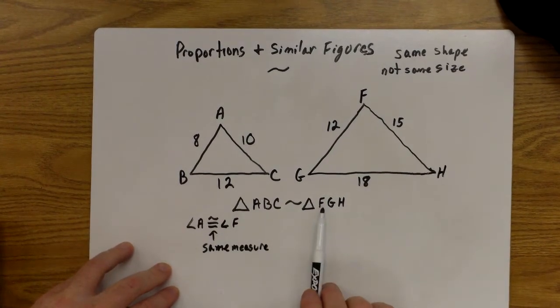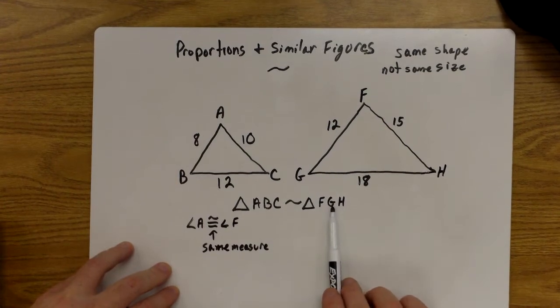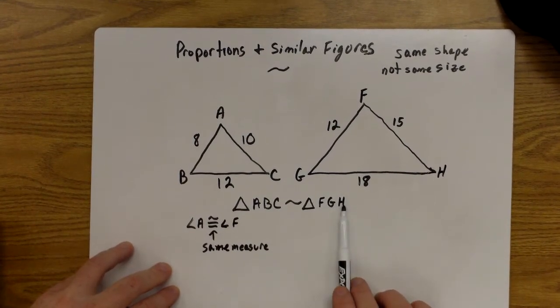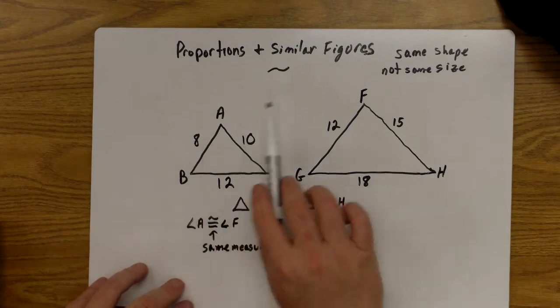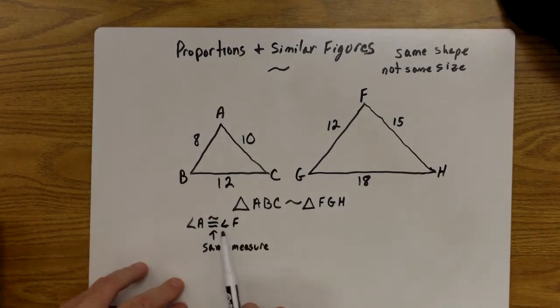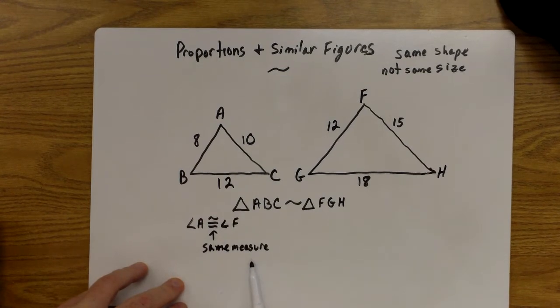So angle A corresponds to F, angle B corresponds to G, and angle C corresponds to angle H. So in similar figures, all the corresponding angles are congruent, or the same measure.